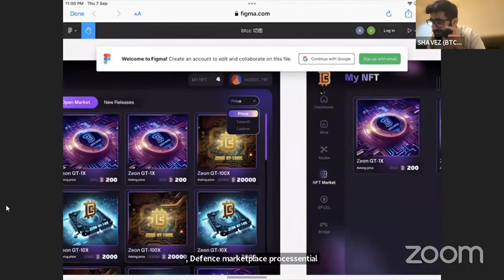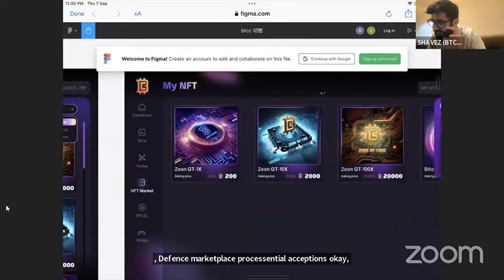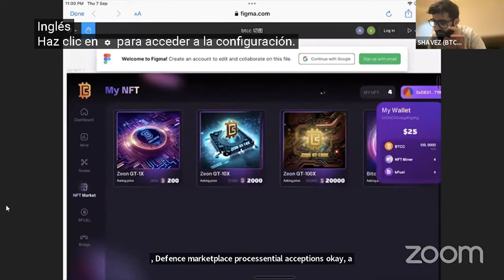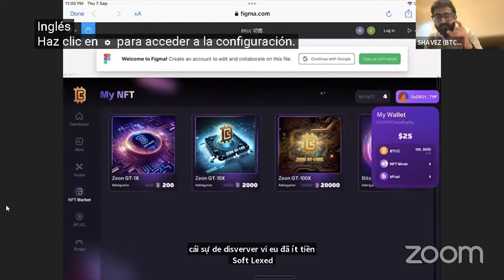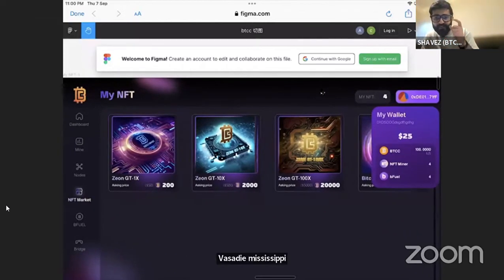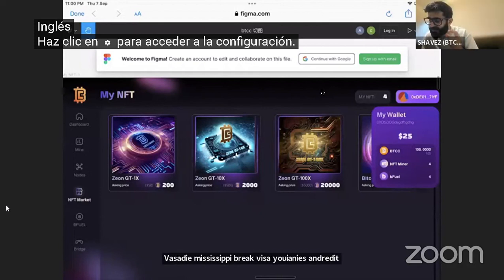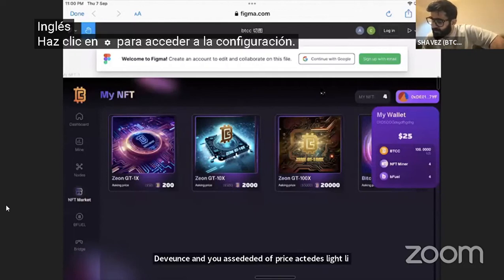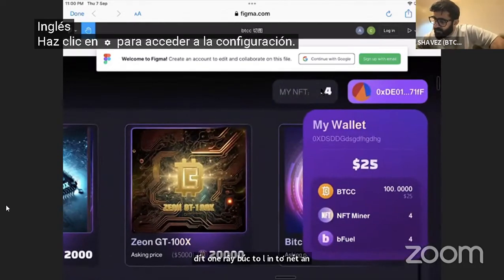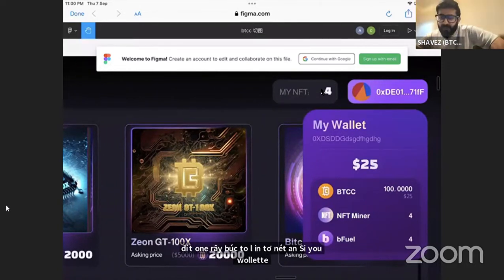People will be able to see the details. So let's say these are the miners that you are selling, right? These are your miner NFTs that you're selling, and you have set the price like this, 200, 2000, 20,000. And see, your wallet is showing. When you click on your profile, the wallet will show your mined BTCC value.